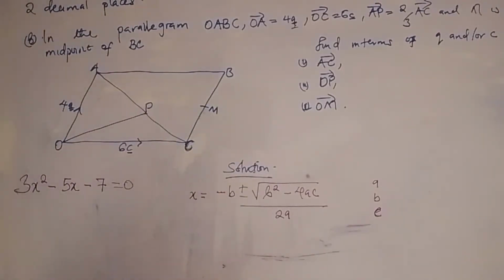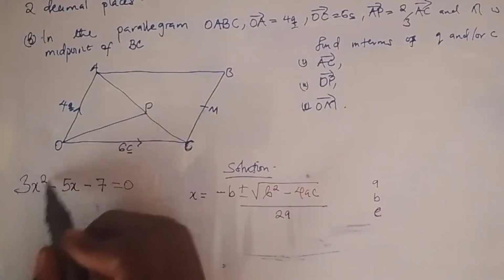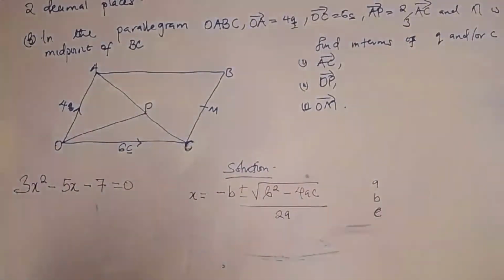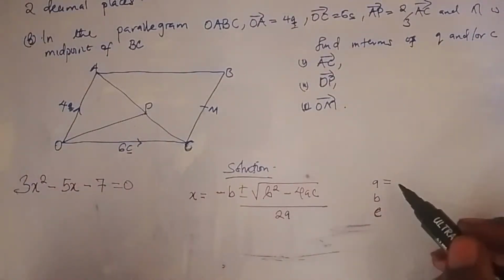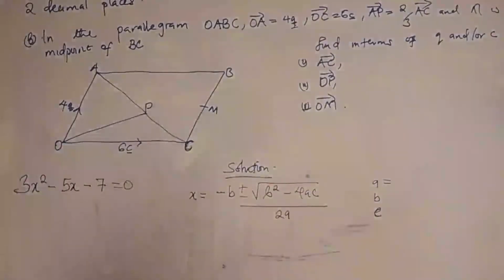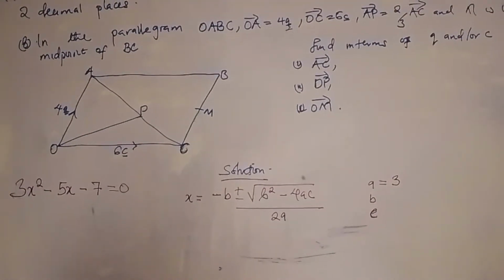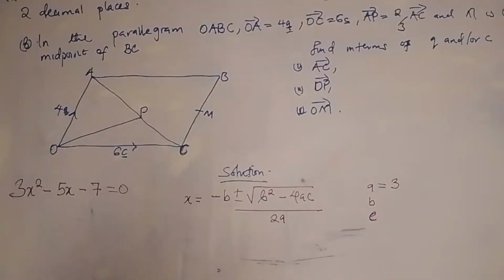The trick is that the number with the square is always A. So whenever you see a number with a square, it is representing A. So we write 3 as our A.